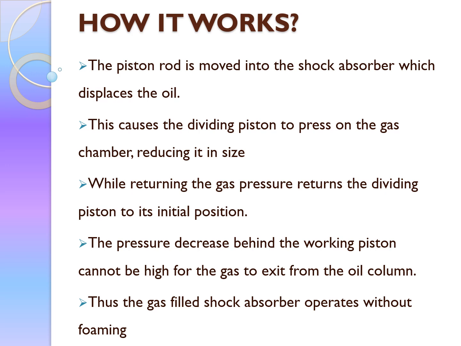With the return of the piston rod, the gas pressure returns the dividing piston to its initial position. The pressure decrease behind the working piston cannot be high enough for the gas to exit from the oil column. Thus, the gas-filled shock absorbers operate without foaming.